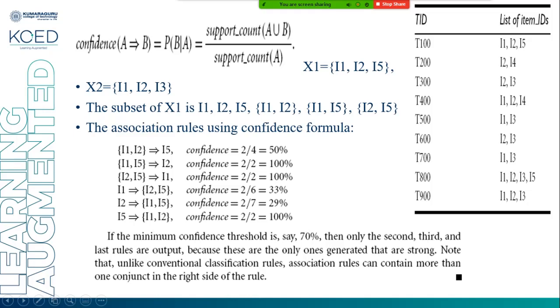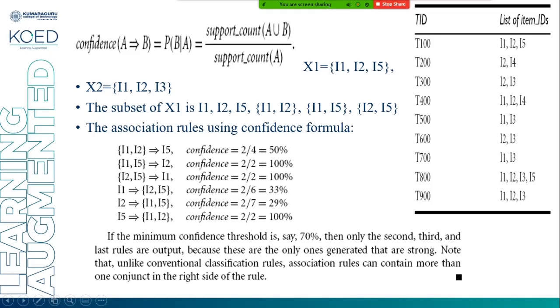That is the confidence. Likewise we are comparing: 1 2 implies 5, 1 5 implies 2, and 2 5 implies 1.